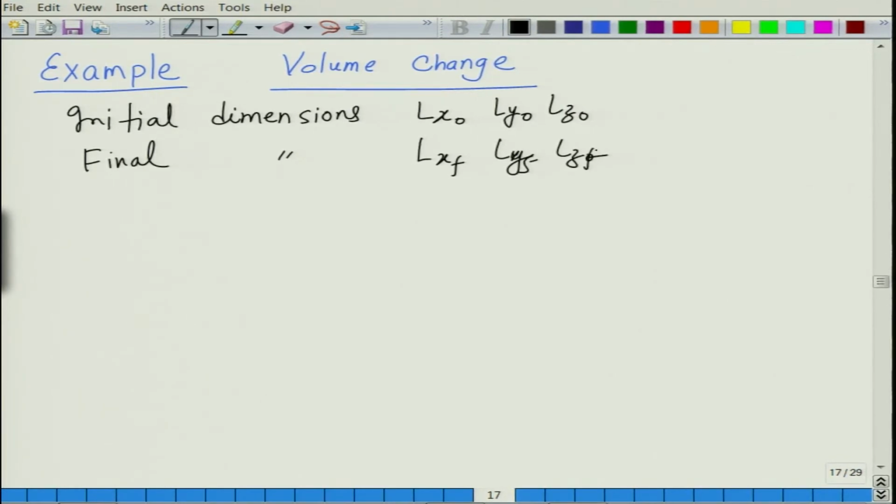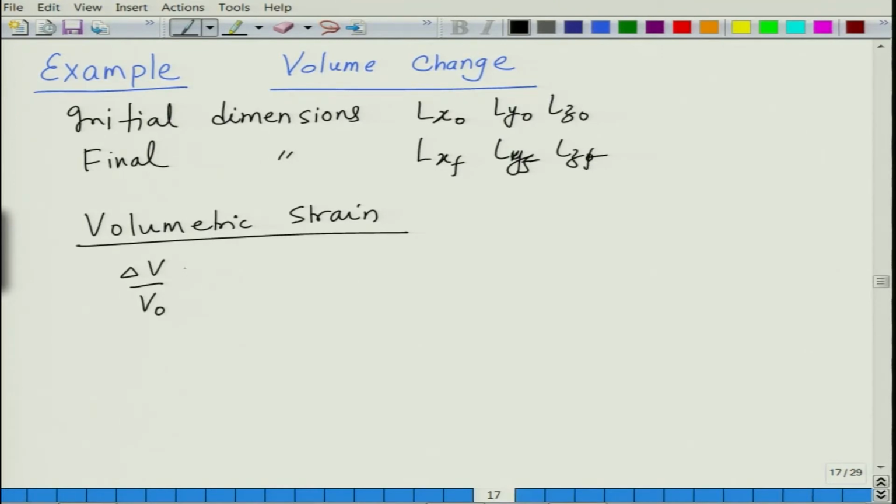Okay. We need to calculate what is volumetric strain. Volumetric strain is delta V divided by V naught.